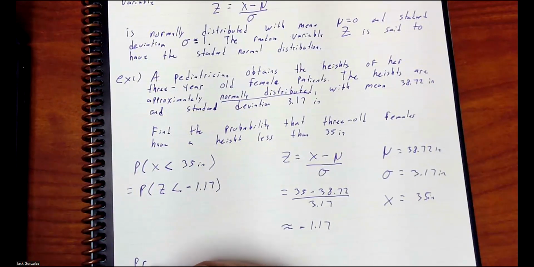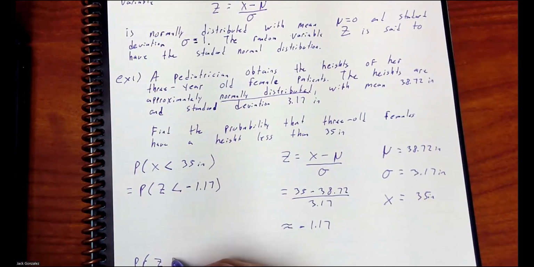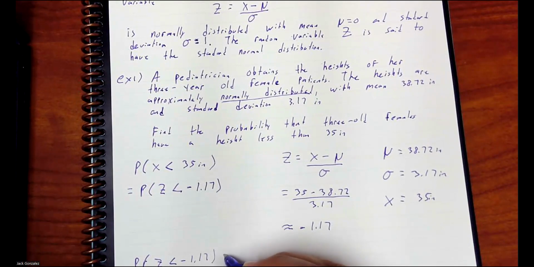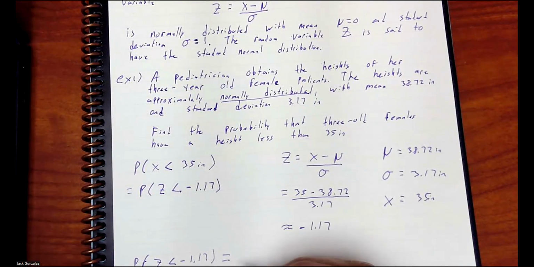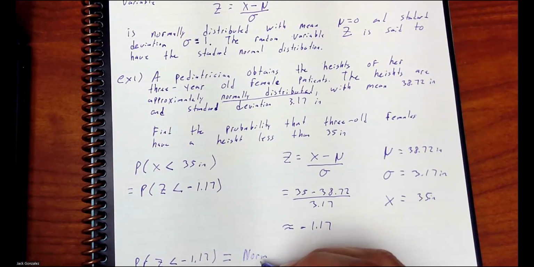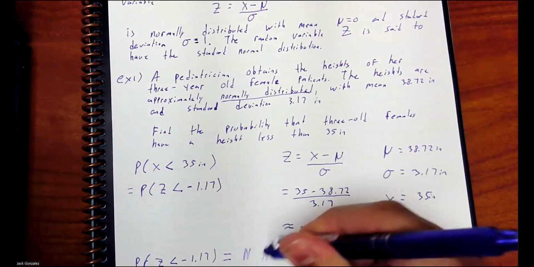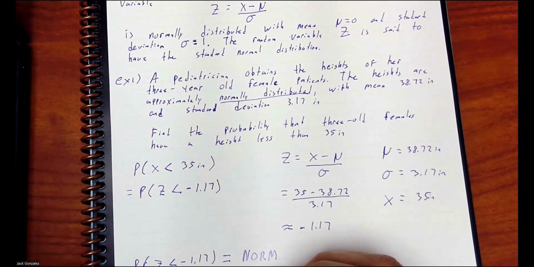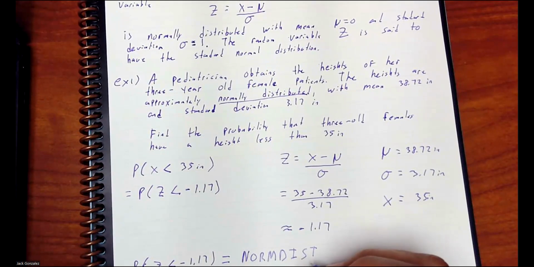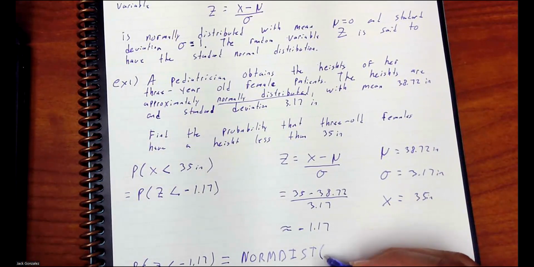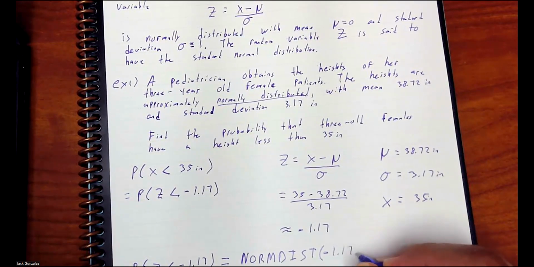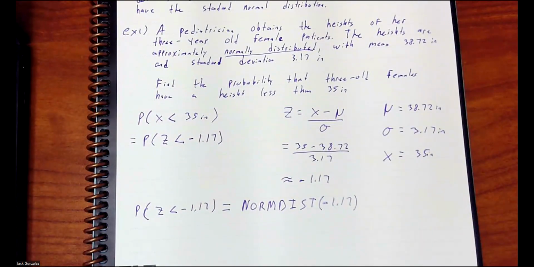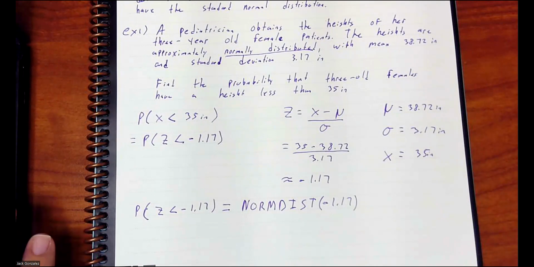The probability that Z is less than negative 1.17 in Excel is going to be the normal distribution function. Now let's try it out.